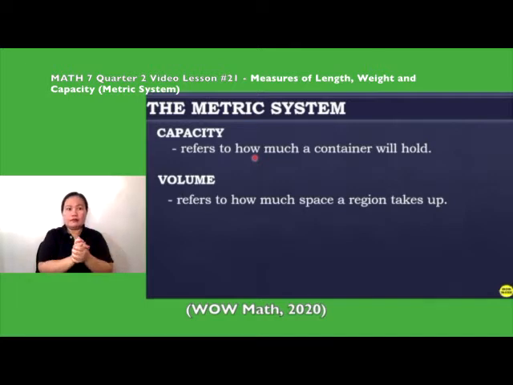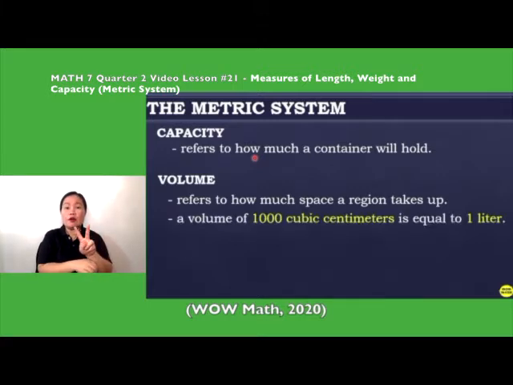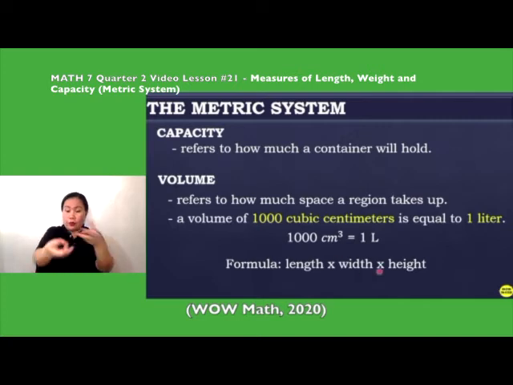Halimbawa, cup, bote. So, yun po yung capacity. Kapag halimbawa, ang gusto mong makuha ay gaano karaming tubig ang ilalagay mo sa pool, three-dimensional na. Meron ka nang length, width, and height. Hindi na lang siya basta bote. So, volume po yun. Okay?